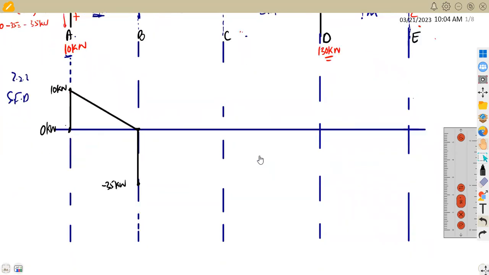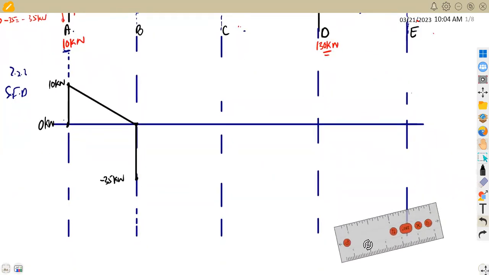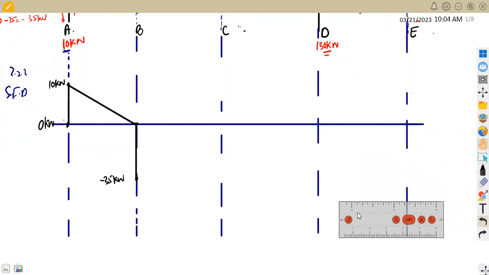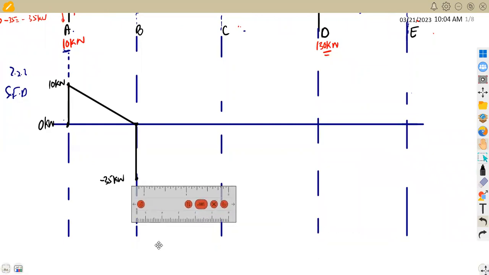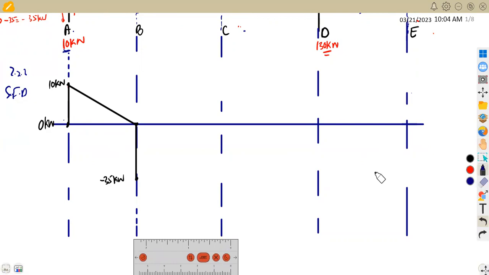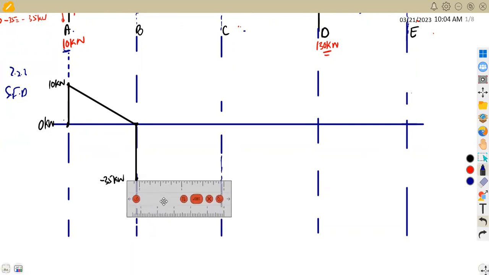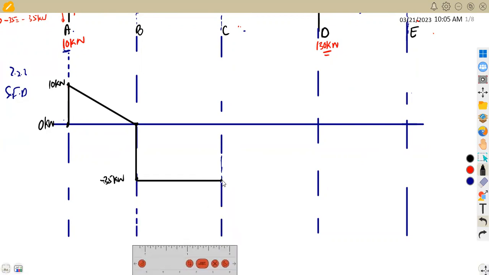So you continue straight from that point. There's nothing that you're going to affect. In this case, you just move straight to this point. Let me just add some of these lines. Here we are going to move straight, which means we are still at negative 35 kilonewton. We are still at this point of negative 35, because we're just moving straight.